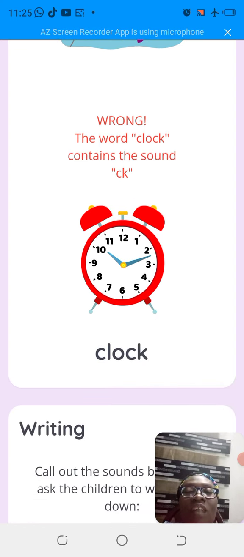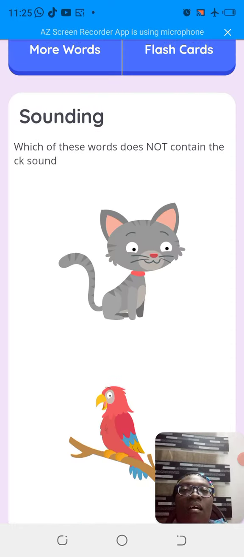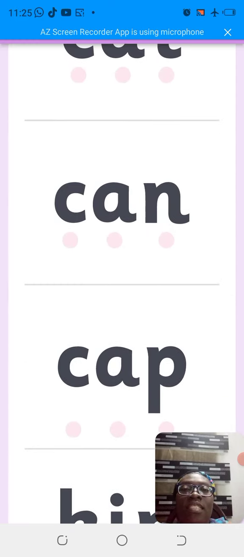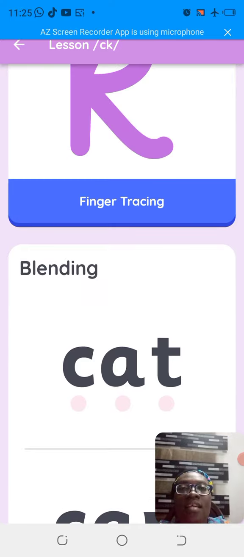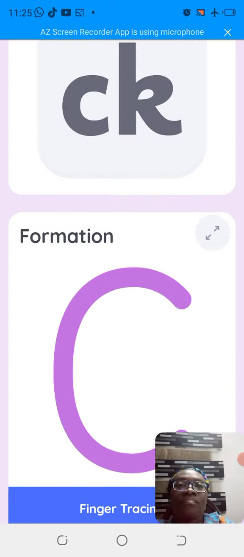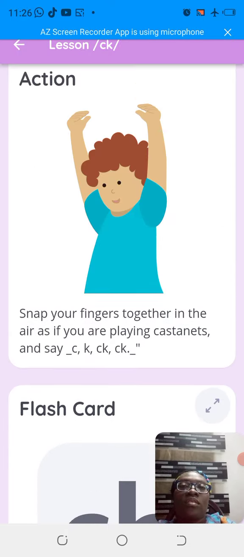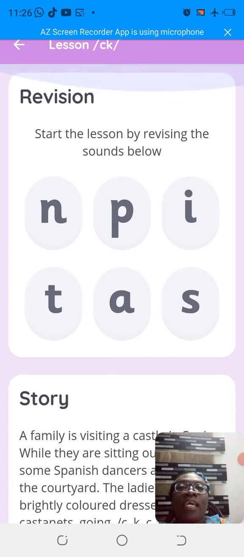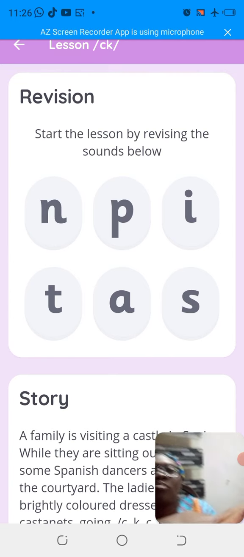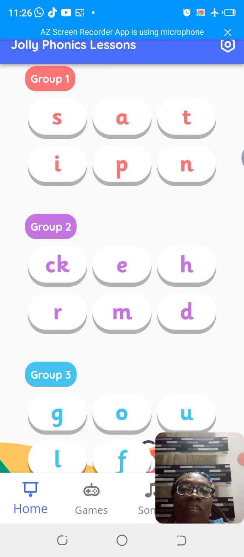Number 3, we have the clock, which is the curly k. These are examples of words with the k sound. Can you try the sound? Okay, so with this sound now, we can go ahead and blend with the previous sounds that we have learned so far.